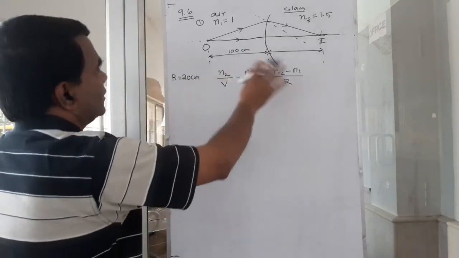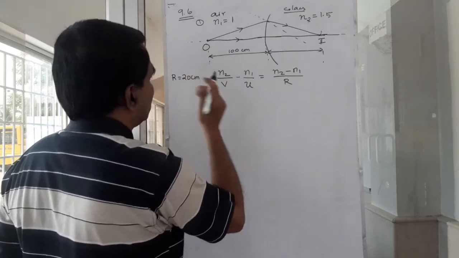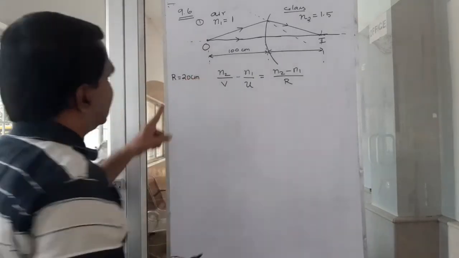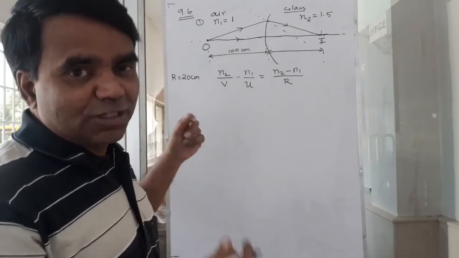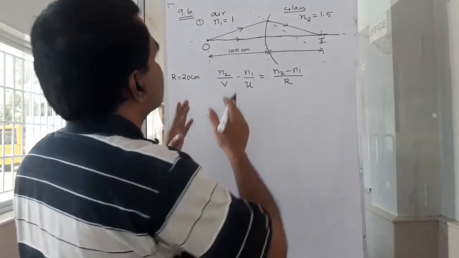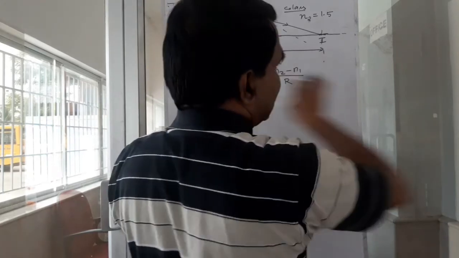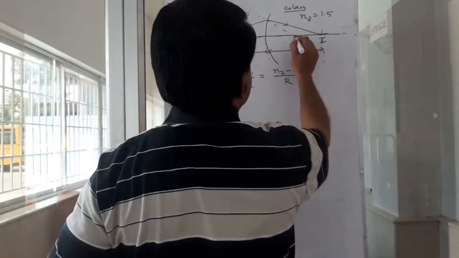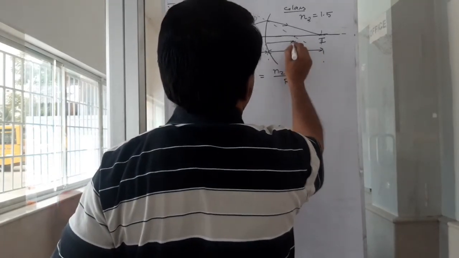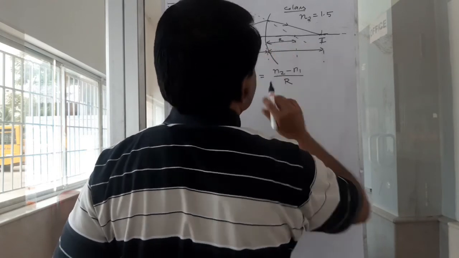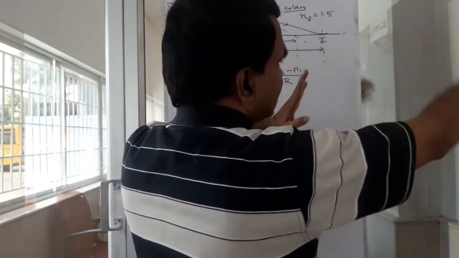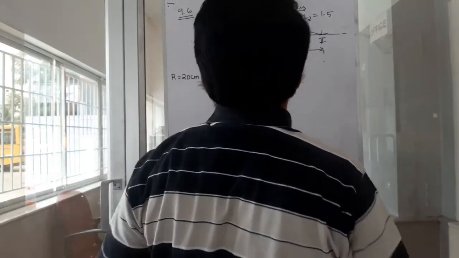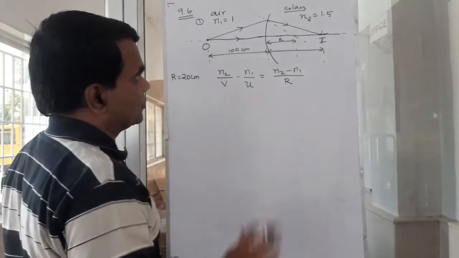Okay. Now, what is your U? Okay, first of all, when I say R 20 centimeters, is it positive or negative? Because you have to use a sign convention, right? So this is the position. Light travels in this direction. So R is here, right? This is R. So R is going to be measured in the same direction as the direction of light. So that is 20 centimeters. So this is positive. So no issues.